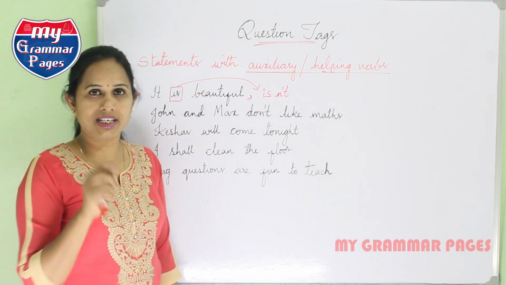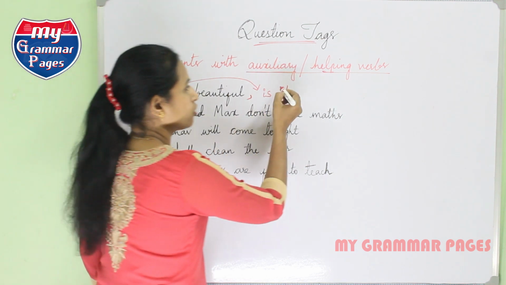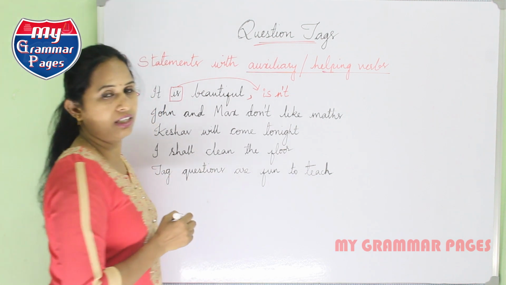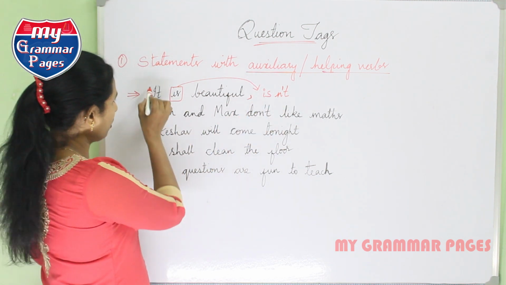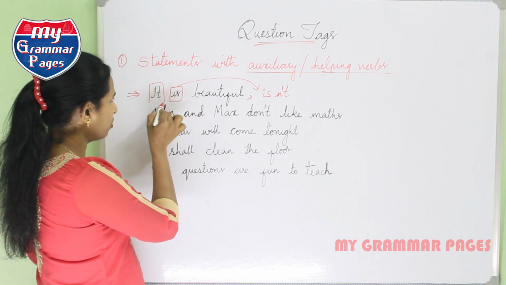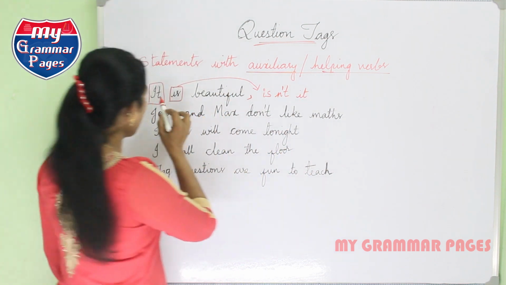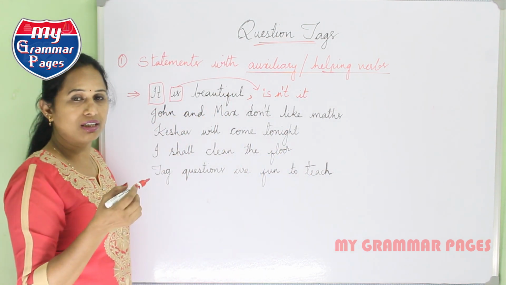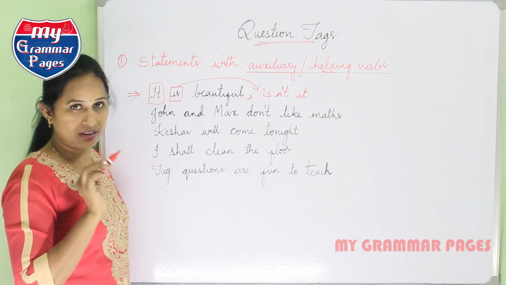We are not going to write the complete form of not, like n-o-t. We are going to take only the shortened form of not, like apostrophe t. Isn't, and you need to take the personal pronoun over here. That is, isn't it. Even if the name of a particular thing or an animal or a person is given, you need to take only the personal pronoun.